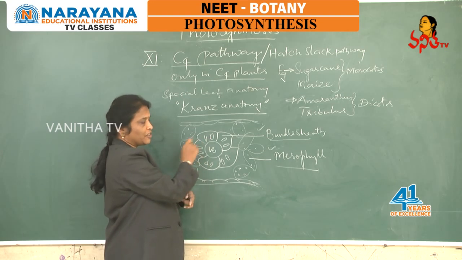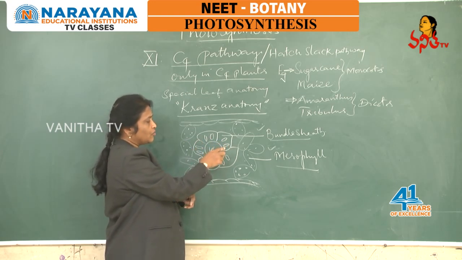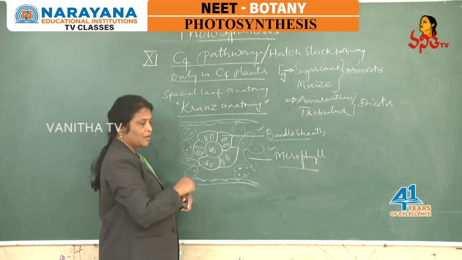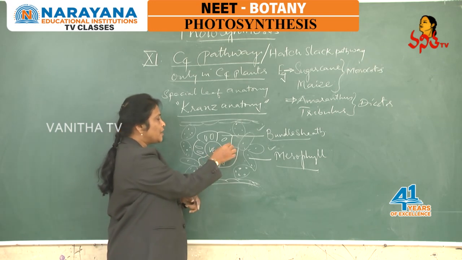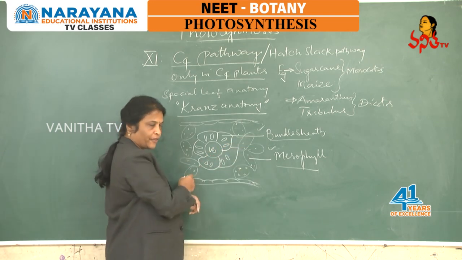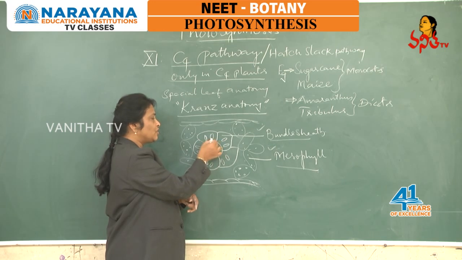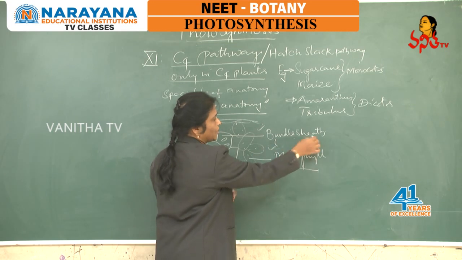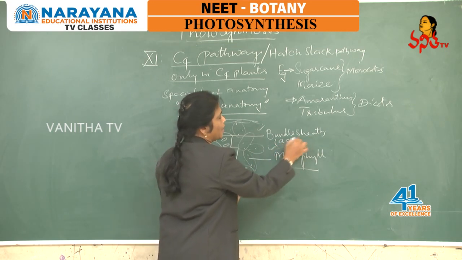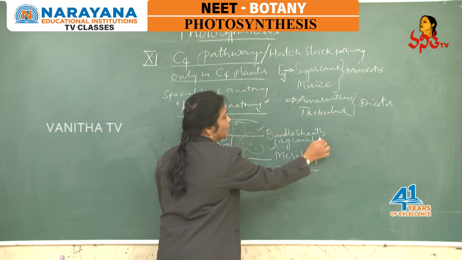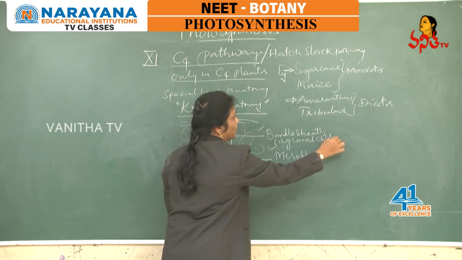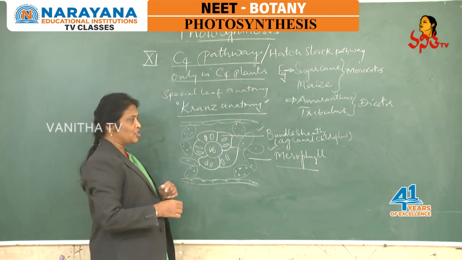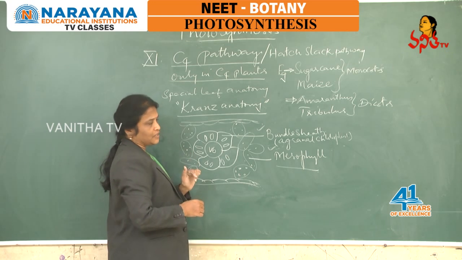So, one special feature is that bundle sheath cells also bear chloroplasts, and both bundle sheath and mesophyll cells are involved in the dark phase reaction. As we verify the chloroplasts of bundle sheath and mesophyll, the chloroplasts of the bundle sheath are bigger in size and they are agranal chloroplasts, meaning without grana. They do not show grana, so they do not perform the light phase reaction and perform only the dark phase reaction.